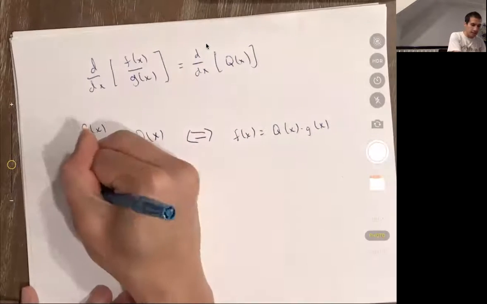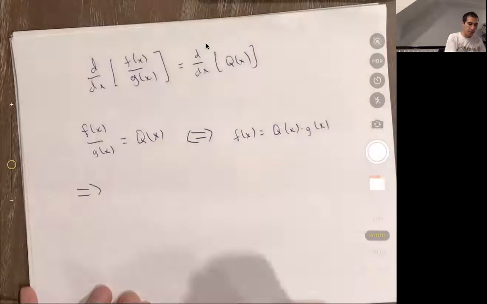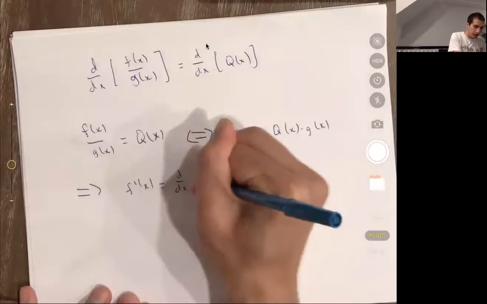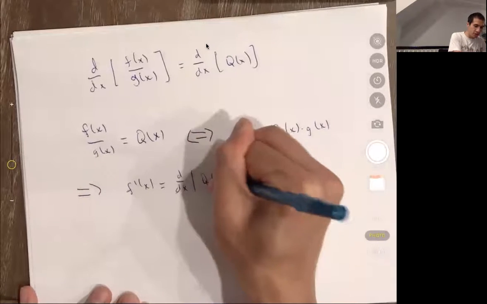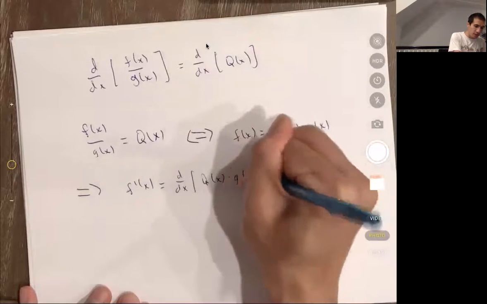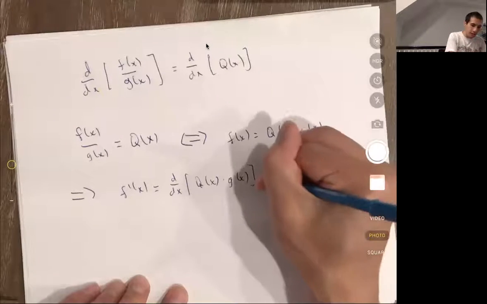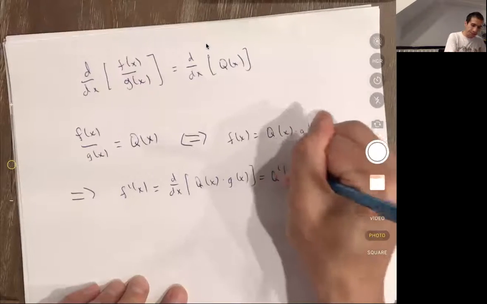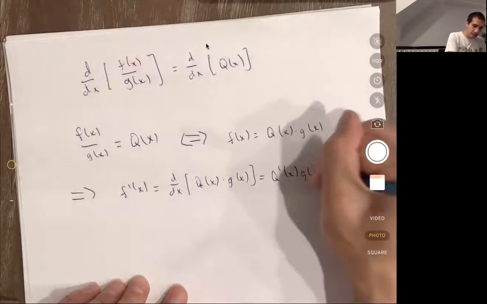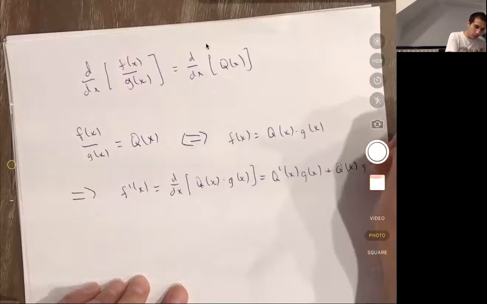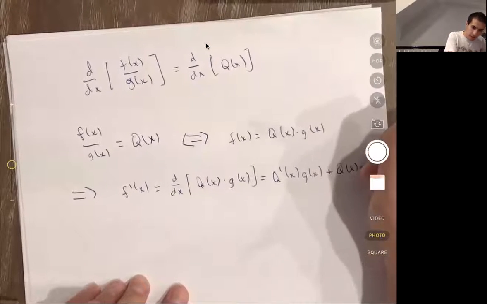So this implies that the derivative of f, so that's f prime of x, is equal to the derivative of the right-hand side, so the derivative of q of x times g of x. And now the right-hand side is a product, so I know how to do this by the product rule. So this becomes q prime of x times g of x plus q of x times g prime of x.